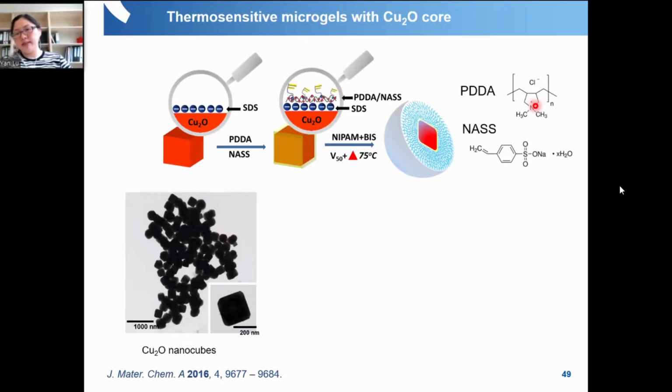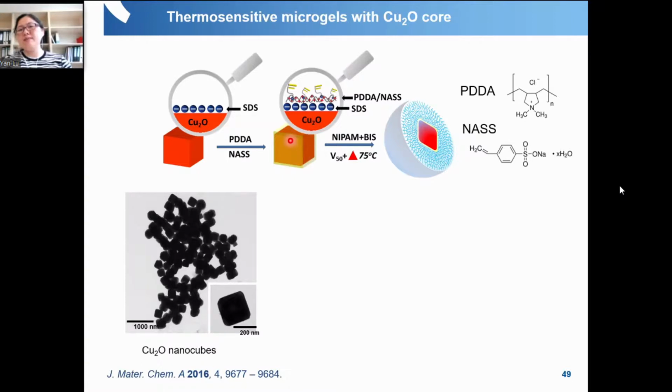And we mix this polyelectrolyte with sodium styrene sulfonate, which has a double bond. In this case, you can bring the double bond onto your copper oxide particle surface.